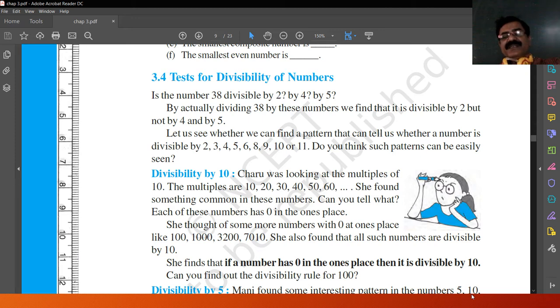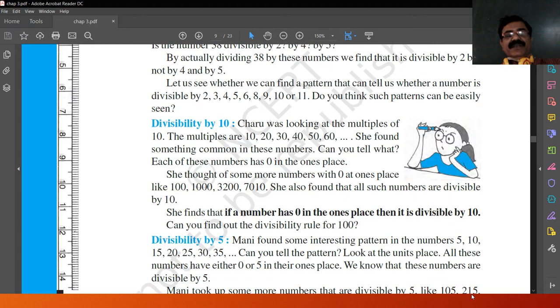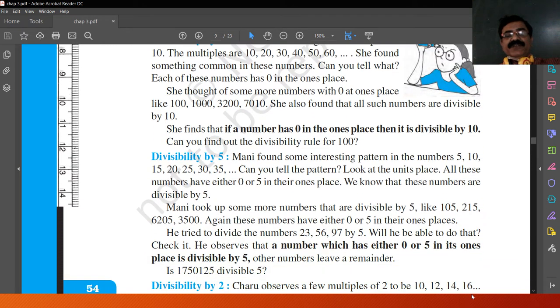Any number with 0 in the last unit place must be divisible by 10, like 10, 100, 50. Another: a number which has either 0 or 5 in its ones place is divisible by 5, like 25, 35, 30, 20, 40.